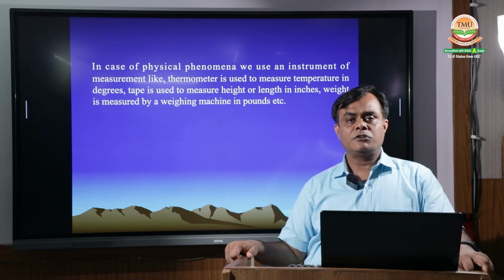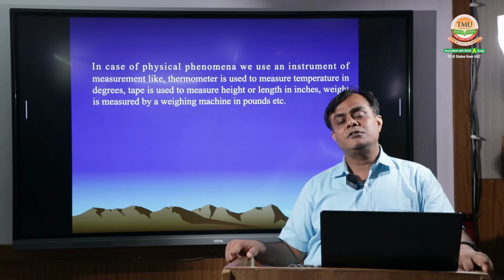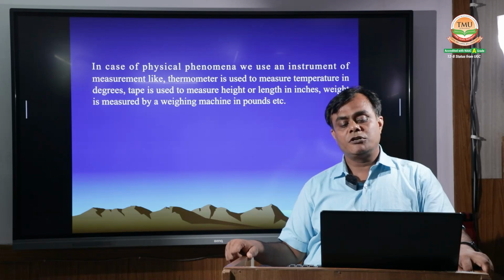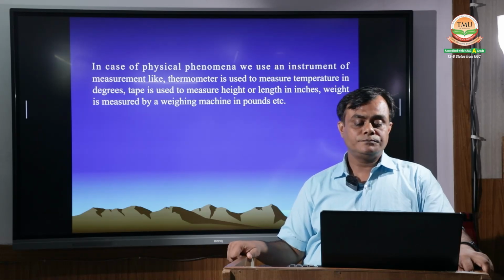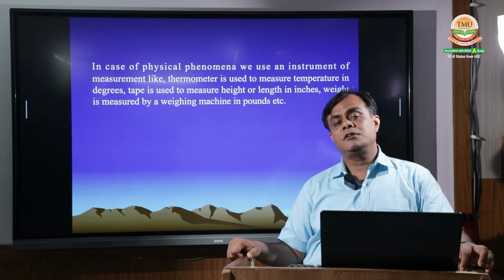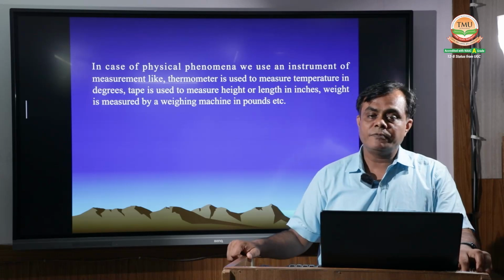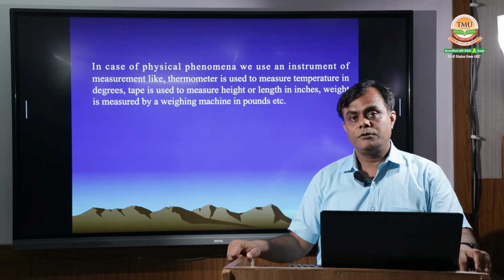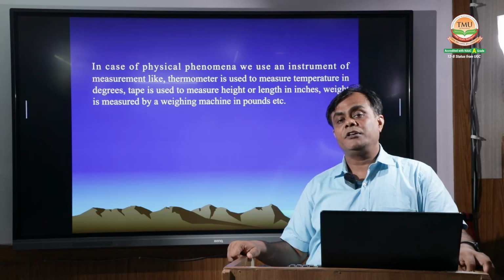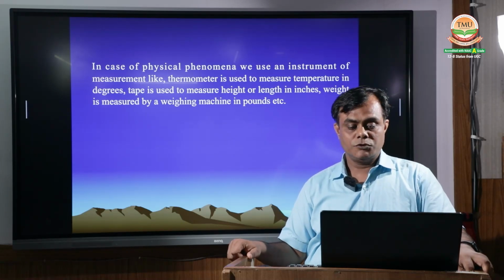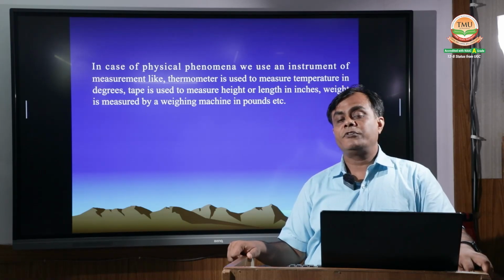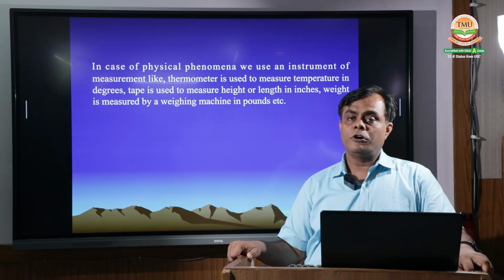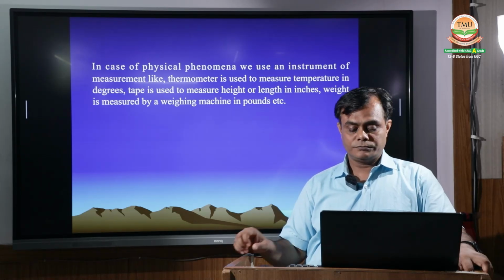A thermometer just measures the temperature, and a weighing machine just measures the weight, whether in kg, grams or pounds, whatever scale is fitted in your weighing machine. So different measurements have different measuring scales, and on different measuring scales we use different measures.